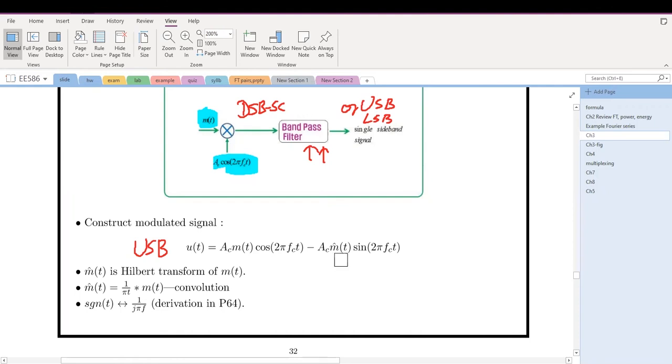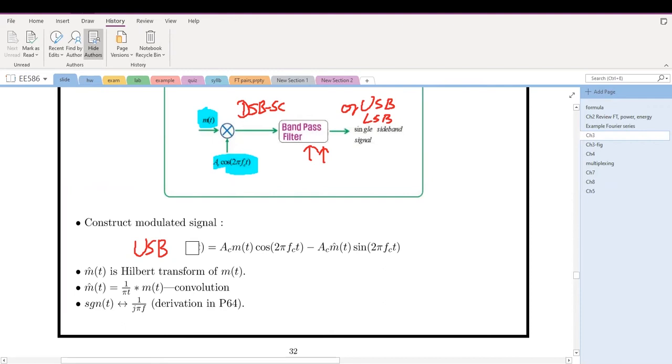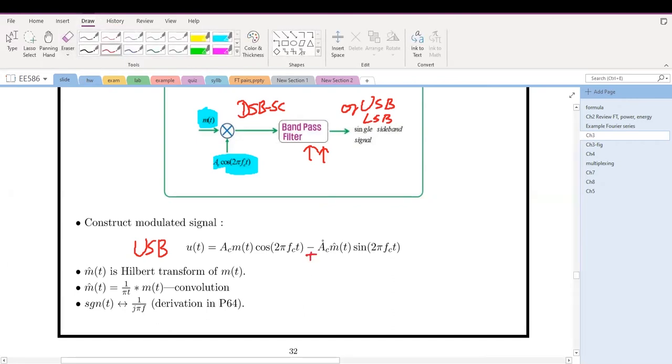The second portion is M hat, the Hilbert transform of the message, and we multiply it by sine 2 pi fc t with the same magnitude, and we take the difference. This modulated signal will generate the upper sideband signal for single sideband transmission. If we want to transmit the lower sideband, we take the plus on this portion.